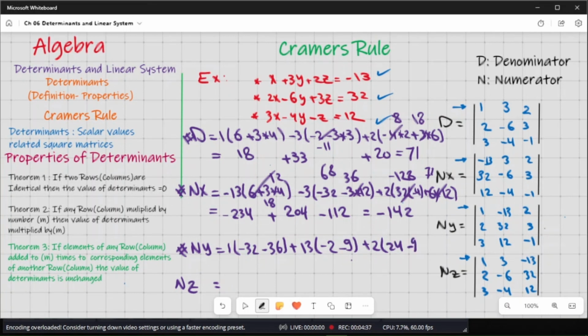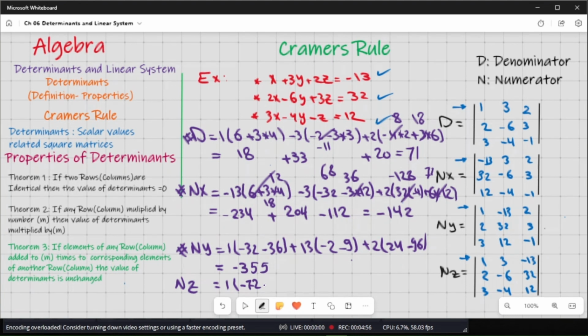So this will be equal to negative 355. Again with nz, that's equal to 1 and 2 negative 72 plus 128.